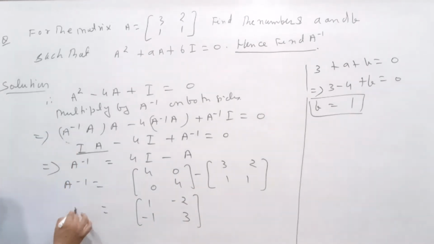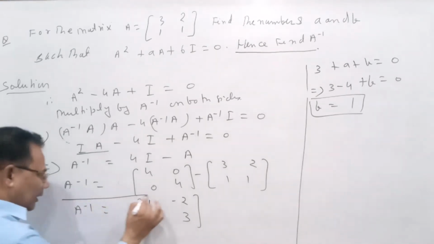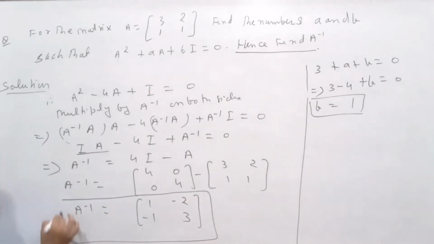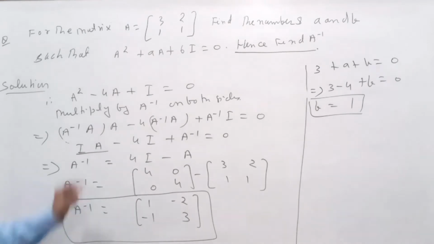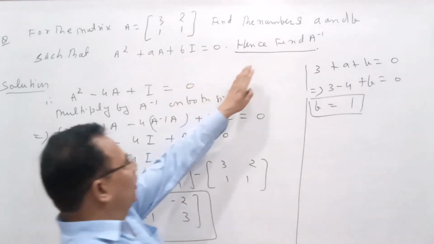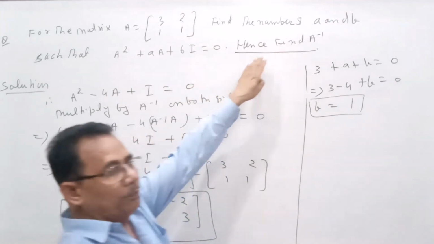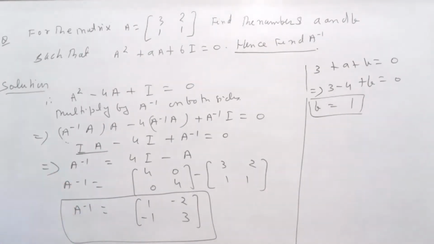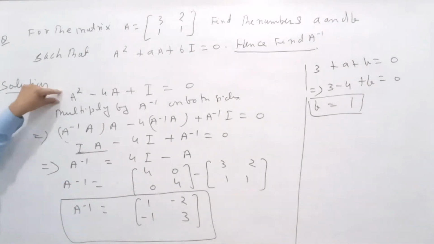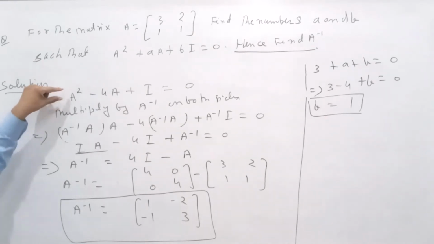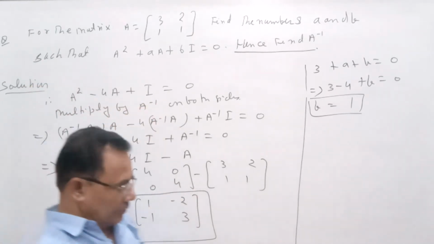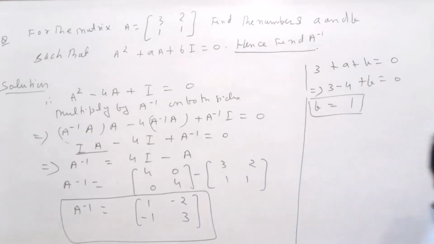So therefore the inverse of A is equal to this. Here we do not find A inverse by using the cofactor method, but here we find A inverse by using this identity. Using this identity we have to find A inverse.